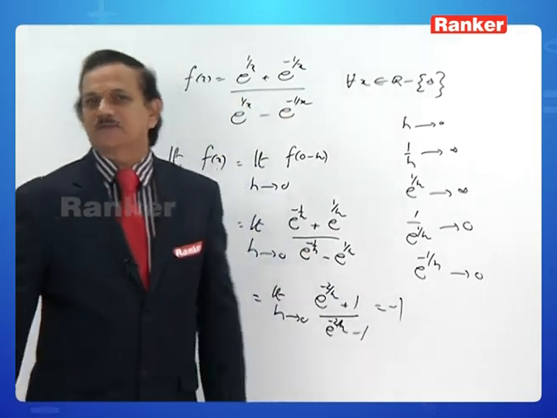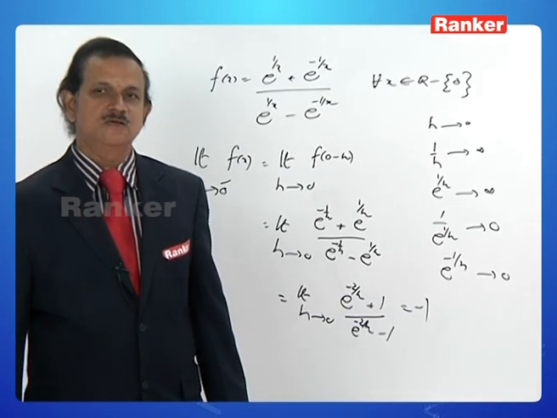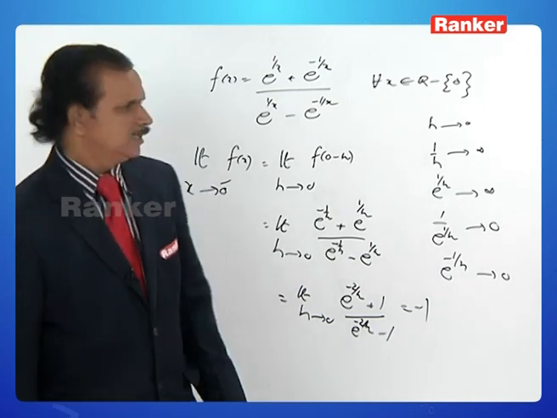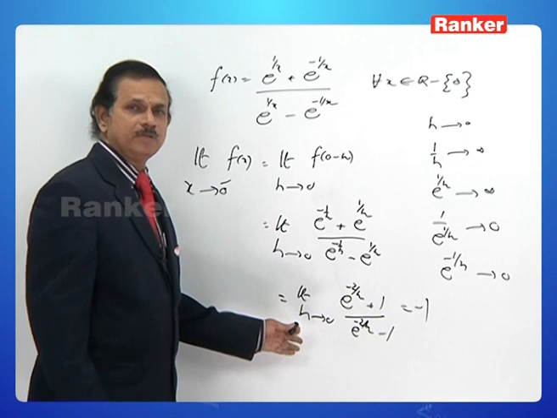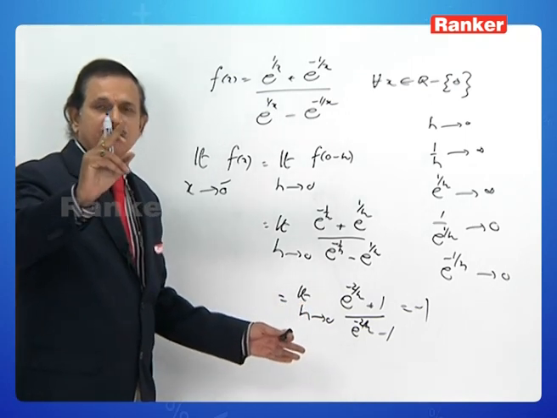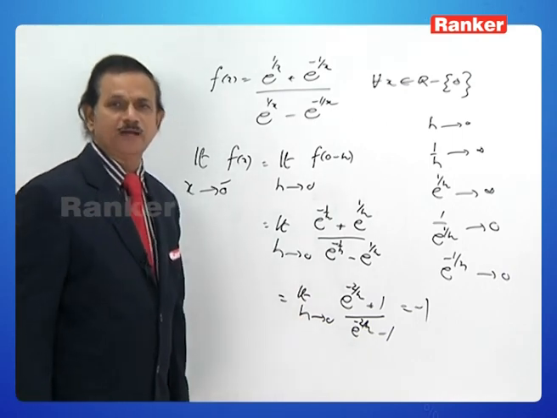Like that we calculate the left hand limit. Once you catch this concept and the style of making the step, these steps can be observed in your mind itself, and it is not impossible to say the answer on the immediate spot. The left hand limit is -1.